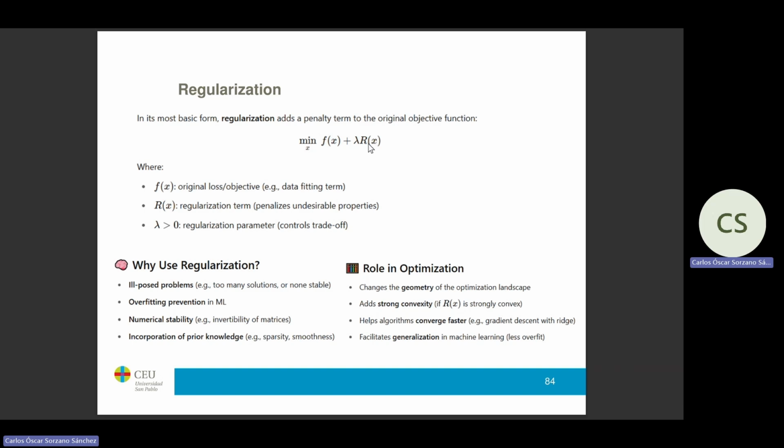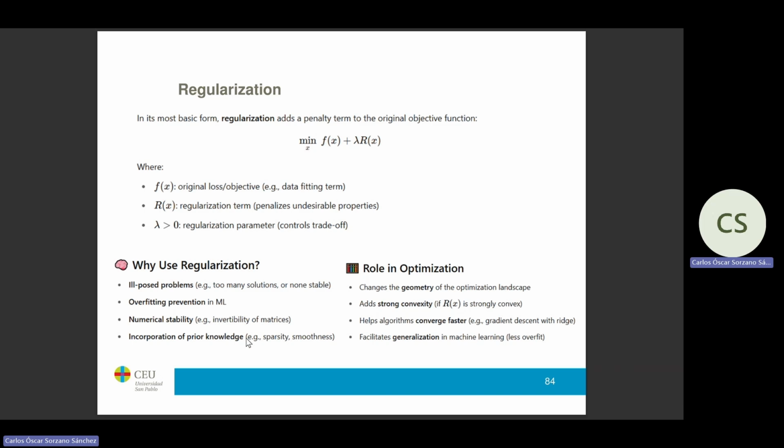So the x should not take large values, but should be mostly 0 except for a few points. Or numerically, your algorithms are not converging well, and then by adding a regularization, you make it better behaved, or to incorporate a priori knowledge, like the ones I have said.